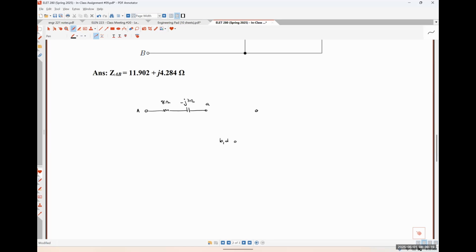Over here to the right, I'm going to have lowercase terminal C. And then continuing my connections over here, I have my minus J5 ohm capacitance. Here's a 15 ohm resistor. Here's a 4 ohm resistor. And then over here is uppercase B.